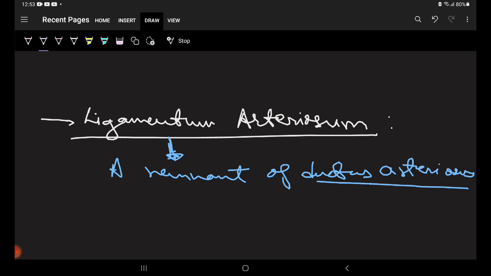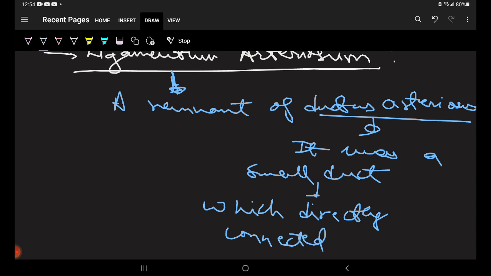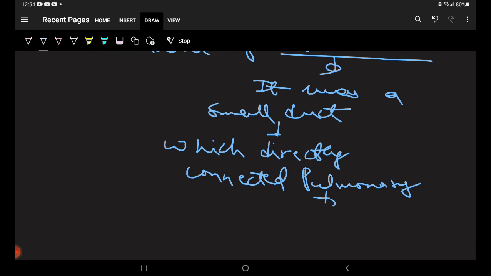And what is ductus arteriosus? It was a small duct or blood vessel which directly connected the pulmonary trunk to the aorta. Pulmonary trunk to aorta.